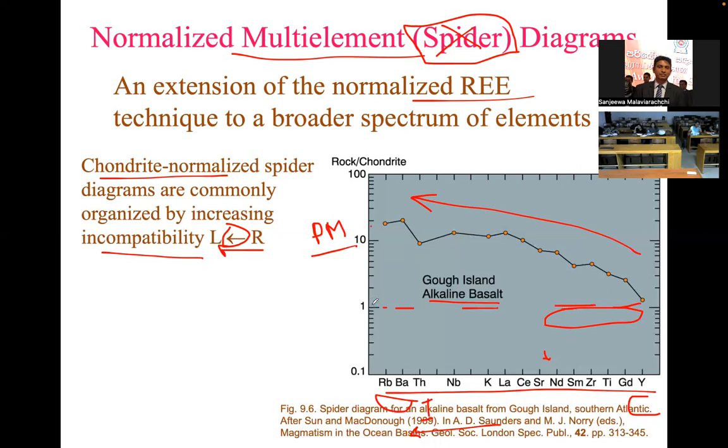It's almost equal to the primitive mantle composition. This is not concentration, this is not ppm, remember. These values are not ppm, this is just a ratio, your sample divided by the primitive mantle value, right? So that means your sample, in this case this alkaline basalt from Gulf Islands, right?